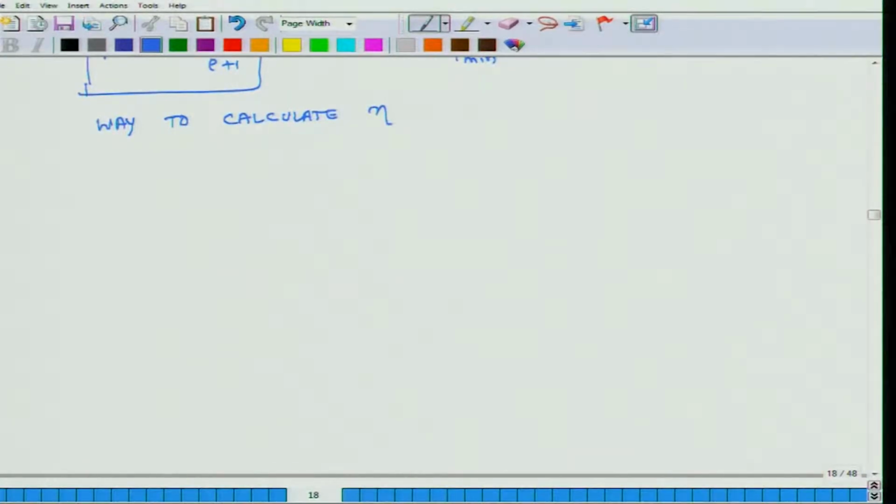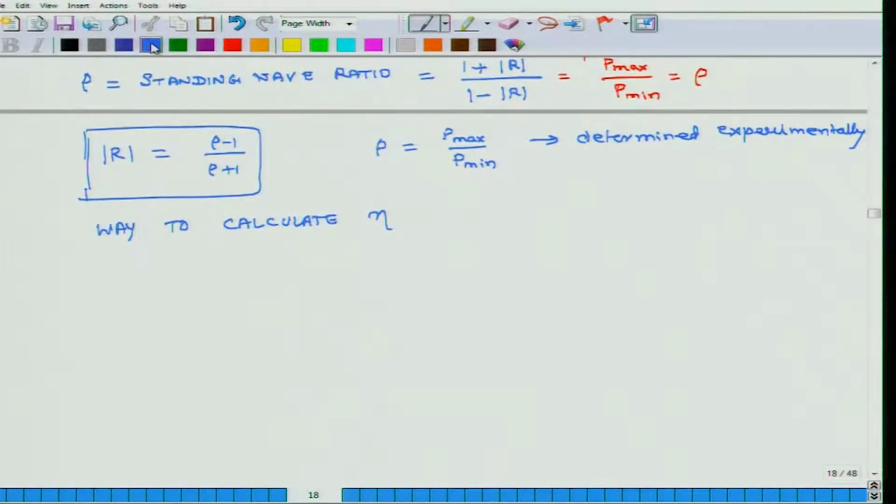What we do is that we again sweep the mic. Now let's again think about this. What will be the condition for P min?